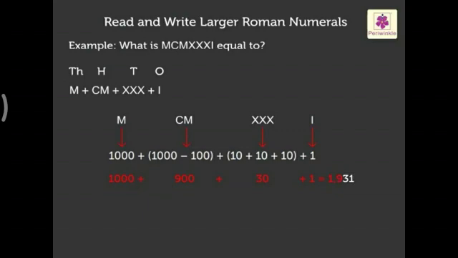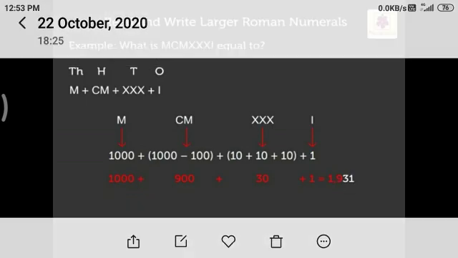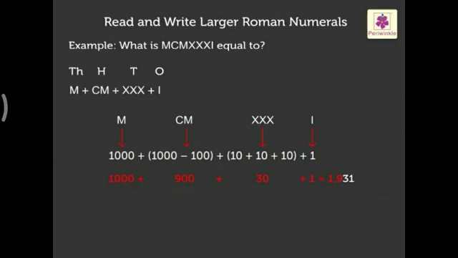Let me solve one example, children. What is MCMXXI equal to? Before converting the Roman numerals into numbers, first we separate them. Write M in the thousands place, then in the hundreds place CM, then in the tens place XX, and in the ones place I. It becomes easy to identify.